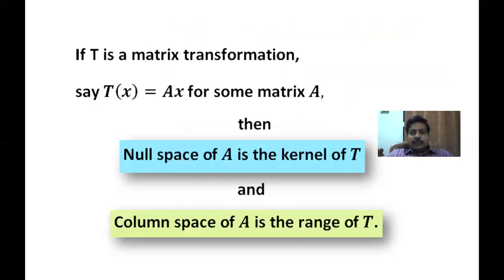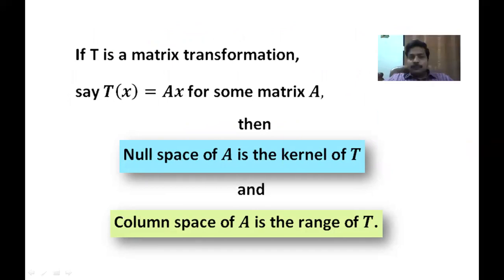So if T is a matrix transformation, a transformation can be from any vector space to another vector space. So for a linear transformation, you need two vector spaces.